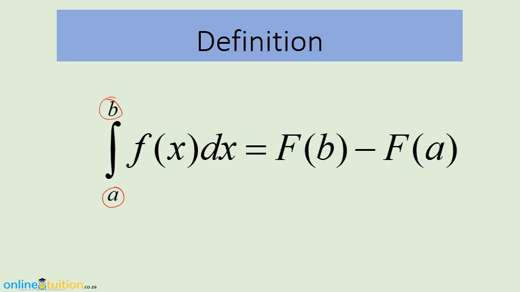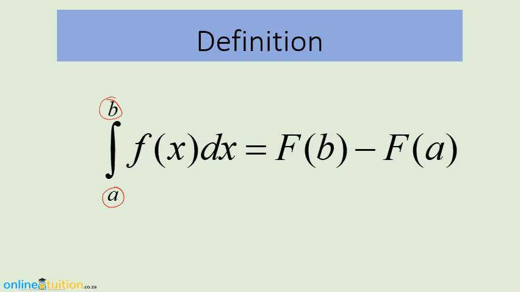So a and b are the bounds, and the way we read this, looking at the left-hand side, is the integral from a to b of f of x dx. The integral from a to b of f of x dx.